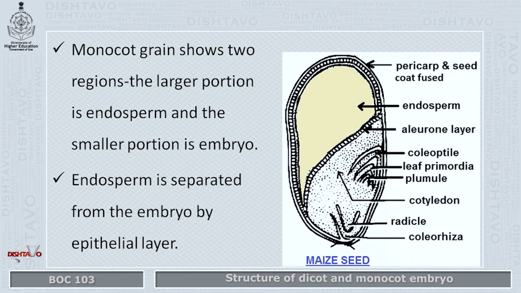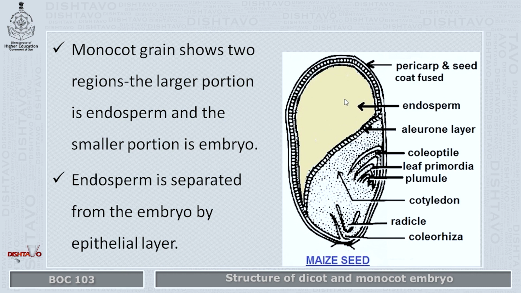Now, if you see the monocot grain, in this case it's the maize seed, it shows two regions: a larger portion, which is the endosperm, and a smaller portion, which is called the embryo. This larger portion, the endosperm, contains a lot of nutritive reserve food material, and the two are separated from each other by an epithelial layer.